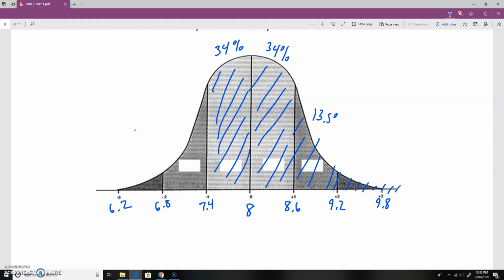This is 13.5%. This is 2.35%. And this is 0.15%. Okay.